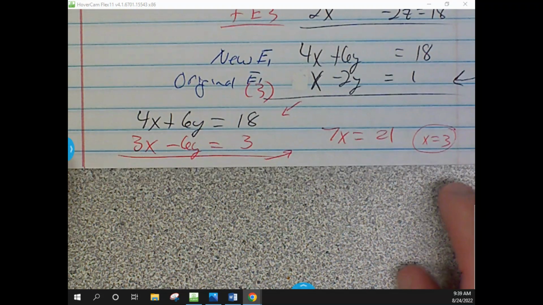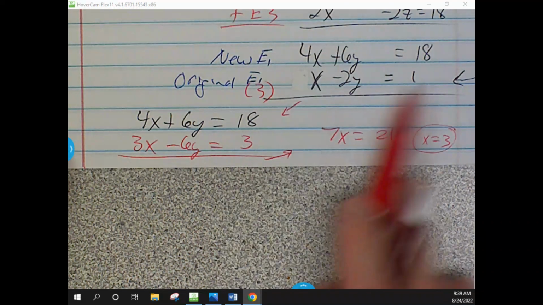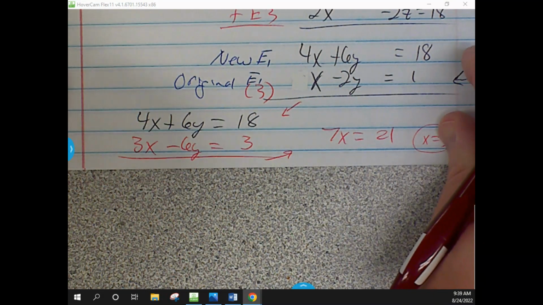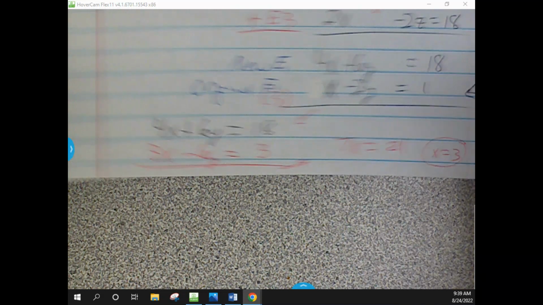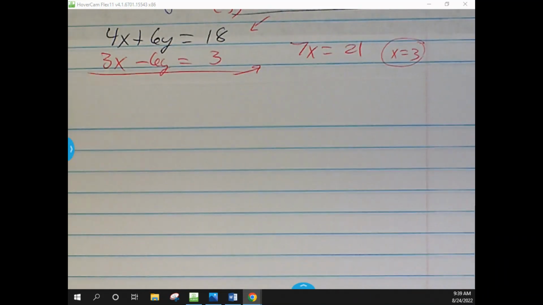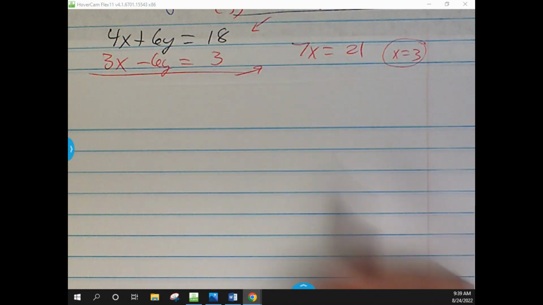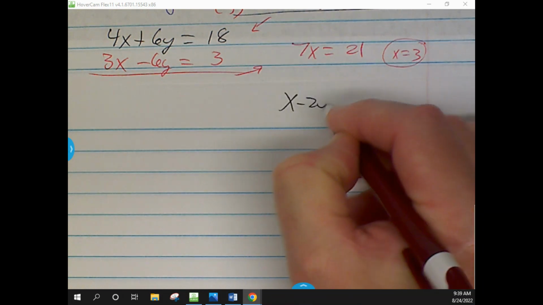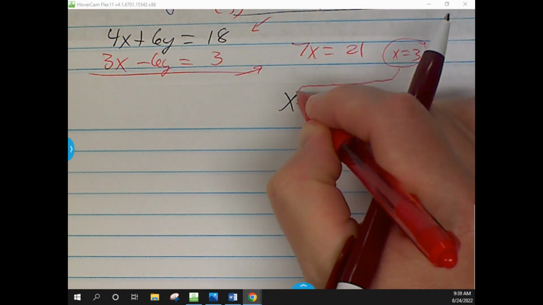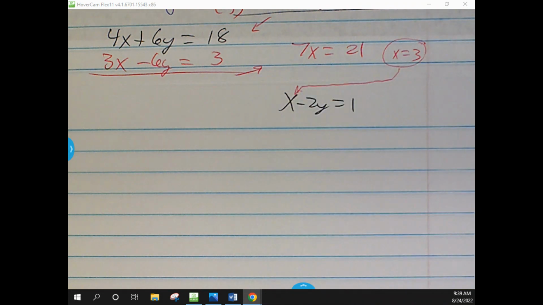Okay, and then we'll take that x equals 3, plug it back into anything in here. I think, again, to me, that one's going to be the easier one to plug into. I'm going to go to another sheet of paper here. So we've got x equals 3. If we use x minus 2y equals 1, plug in the 3 here.